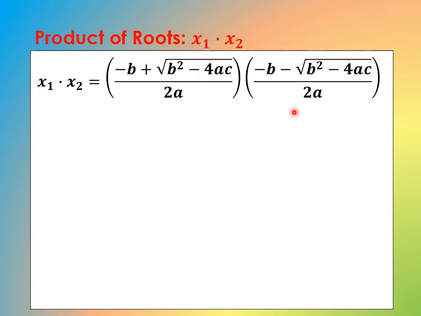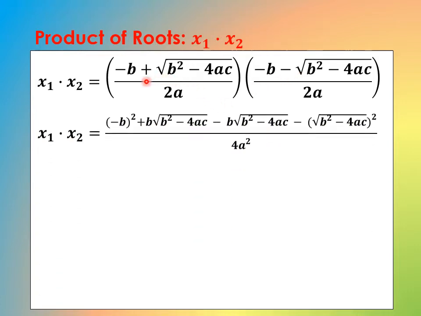So, in multiplying fractions, numerator times numerator, denominator times the denominator. Okay. So, kung titignan natin ang ating numerators dito, they are both binomials. So, in multiplying binomials, we can use the FOIL method. So, FOIL stands for first terms, outer terms, inner terms, and last terms.